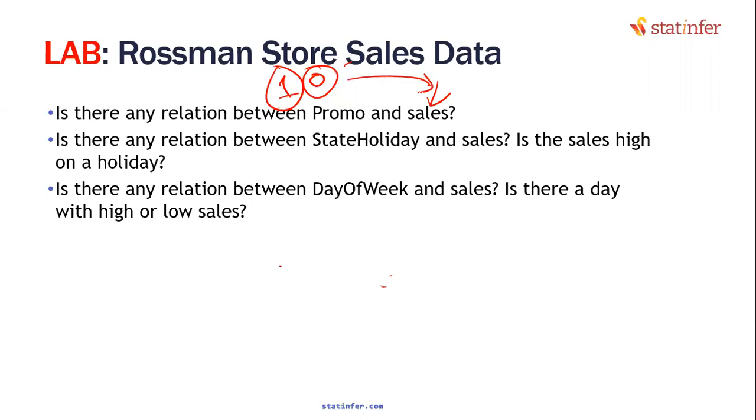Now you have to decide, this is a categorical variable, sales is a continuous variable, so I have to go with either histogram overlay or box plot comparison for 0 versus 1. Are you with me? Have you understood this question, all of you?